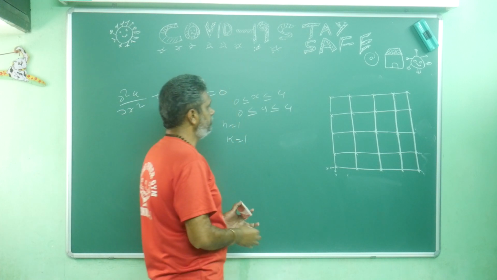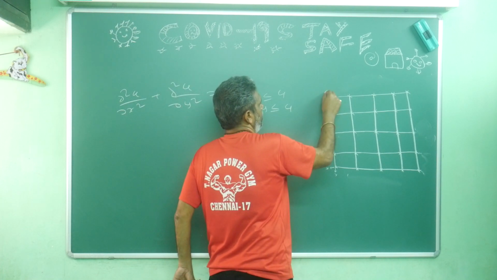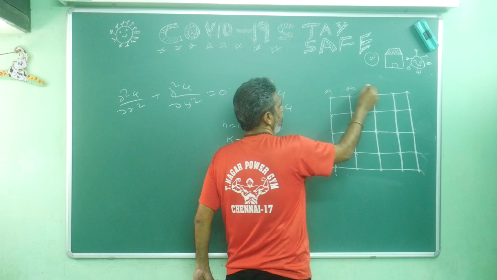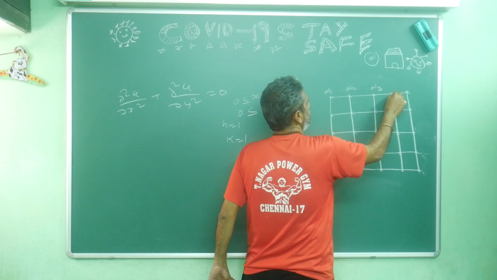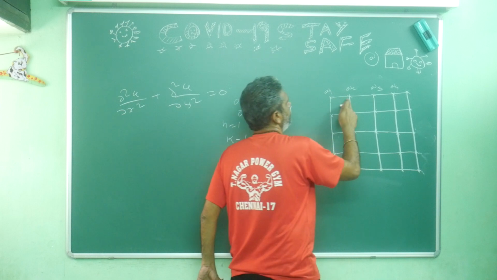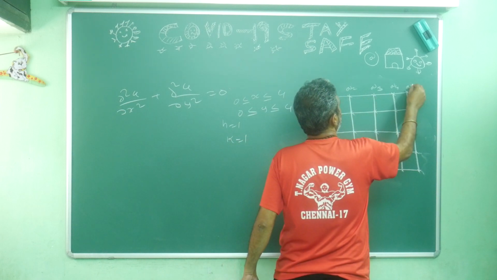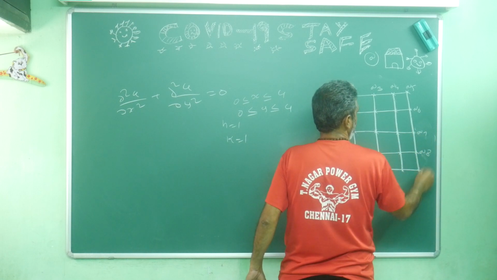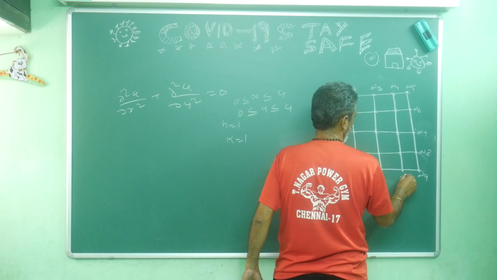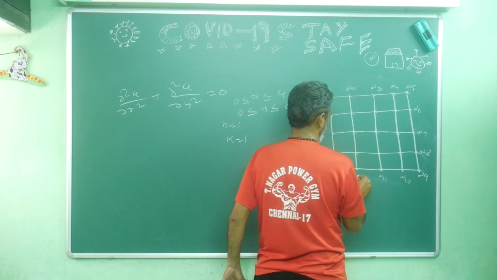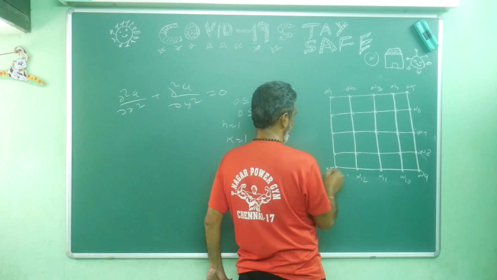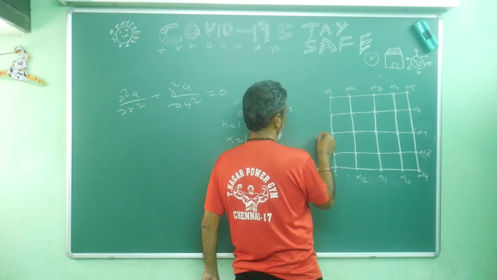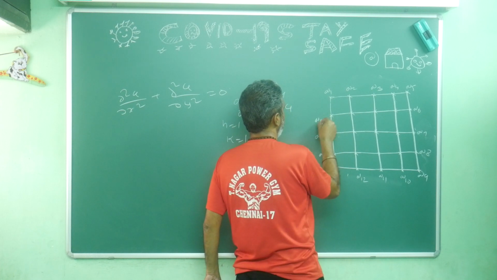Now you can name the values. This point you can call A1, this fellow I know because I can find it from the boundary. This fellow I call A2, this A3, this A4, then A5, A6, A7, A8, A9, A10, A11, A12, A13, A14, A15, A16.